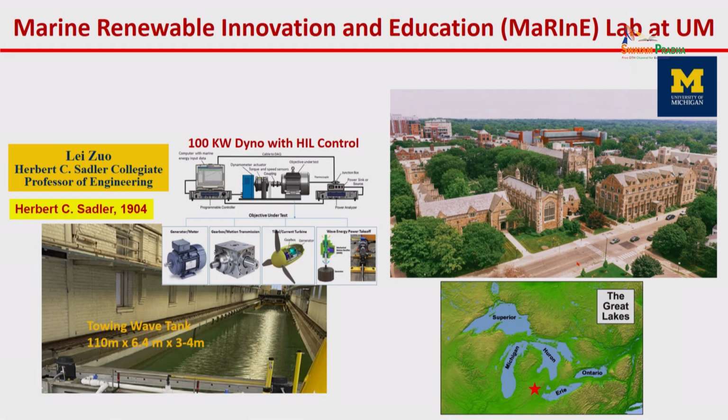It was built by Professor Herbert Sadler in 1904, 120 years ago. That is the first scientific research tank in the United States. Okay, and in our lab, we also have a thermometer system. We can use it for PTO tests.